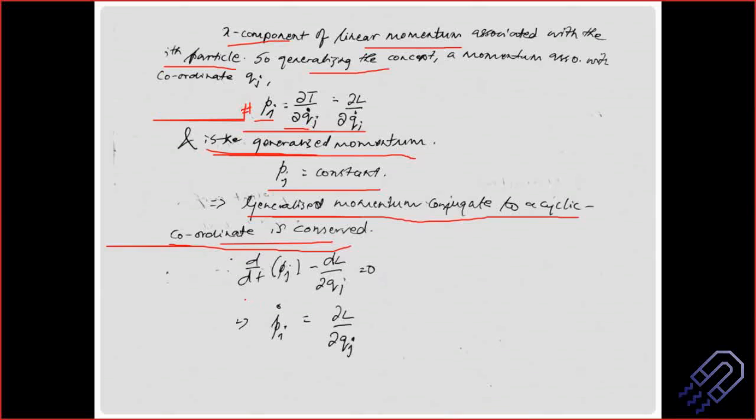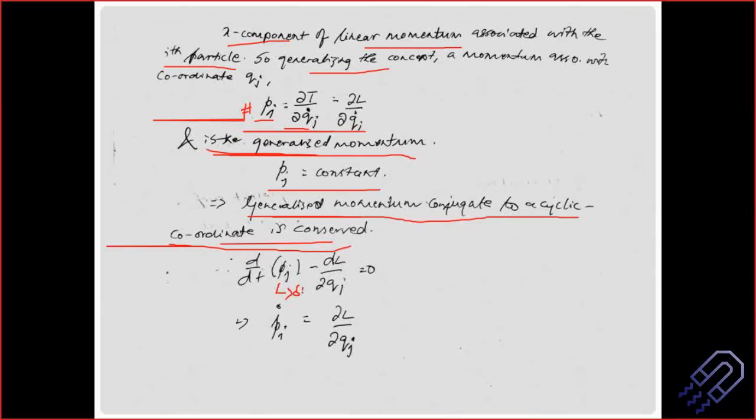One more thing we can look at here, a different form altogether: d/dt of Pj. Pj we know is nothing but del L del Qj dot. Please write everything down clearly so that you are not confused.